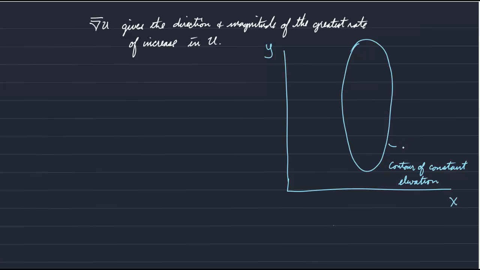Say it has an elevation of 10 feet or something like that. And as we continue to map out this topography, we have subsequent contours. Let's say this is the 20-foot contour, and this is the 30-foot contour.